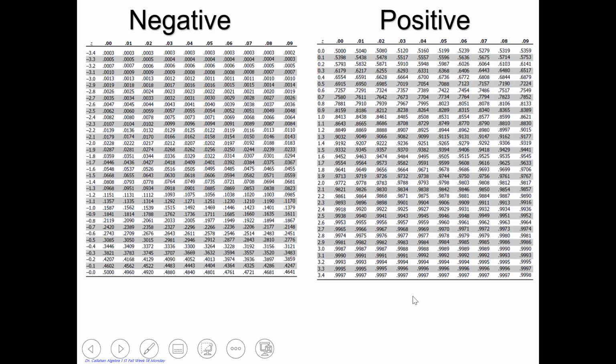So my 0.10 is going to be maybe right here, okay? And so then my Z score is going to be a negative 1.28. And that is my answer, negative 1.28.